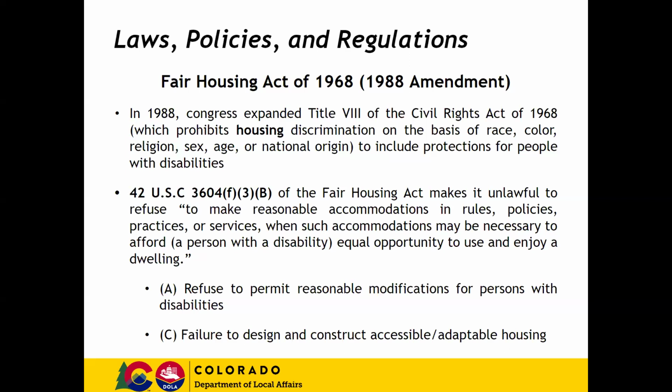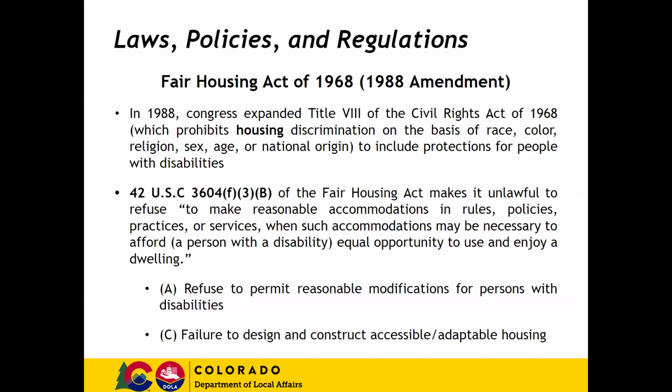And I show these three important laws and legislation to make the point that providing reasonable accommodations to our participants is not a Division of Housing policy. I mean, it is a Division of Housing policy, but we didn't come up with it.